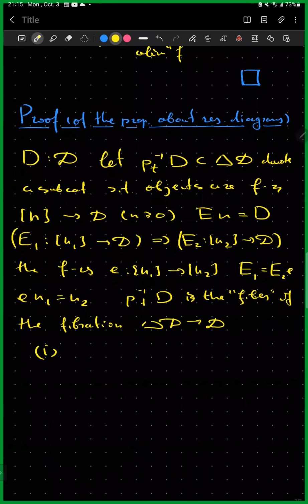So what are the properties of this partially defined category?